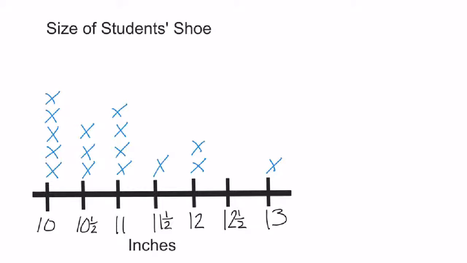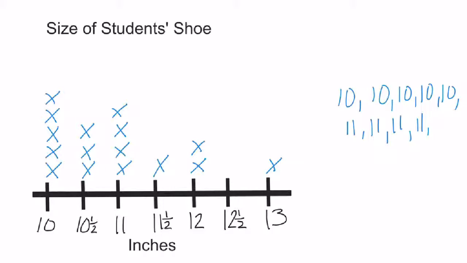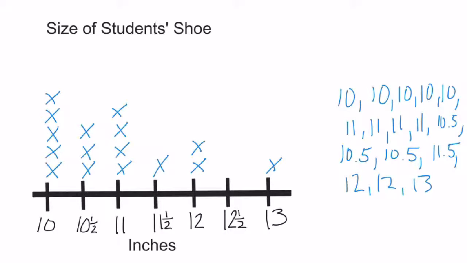So for example, in our data, we would have 5 tens that created those 5 x's, 4 11s, I apologize, 3 10 and a halves, going a little bit out of order, but it really doesn't matter, 1 11.5, 2 12s, and 1 13.